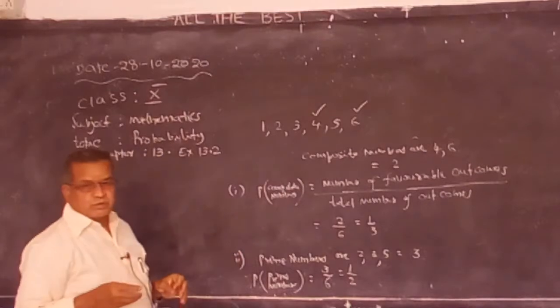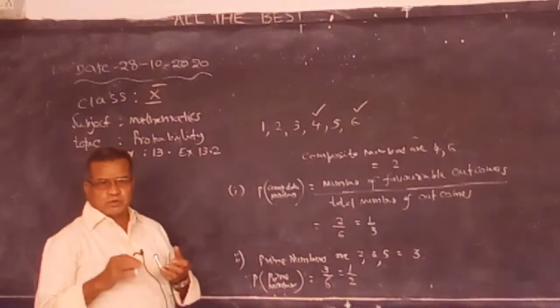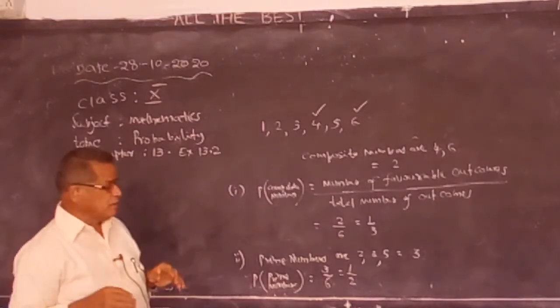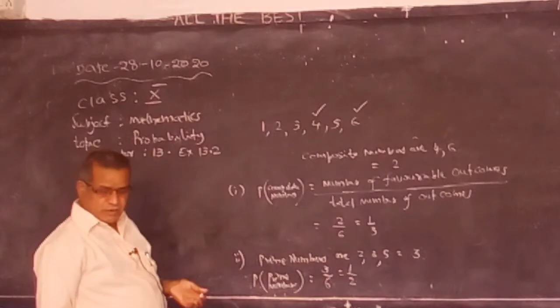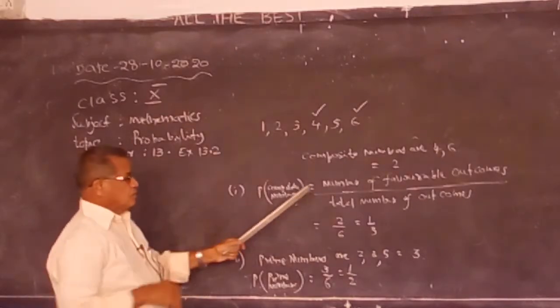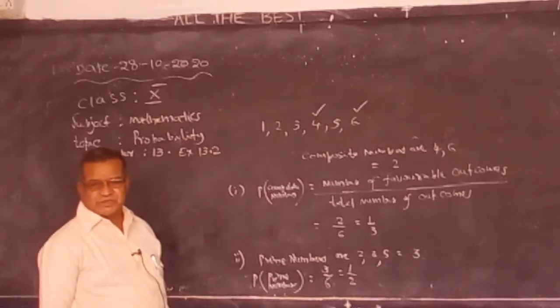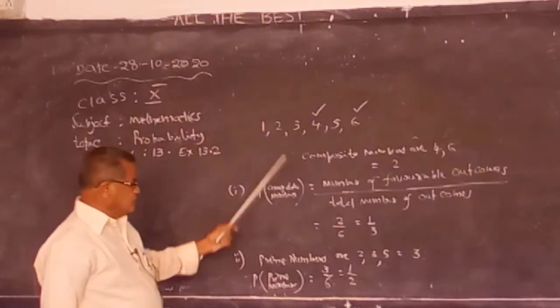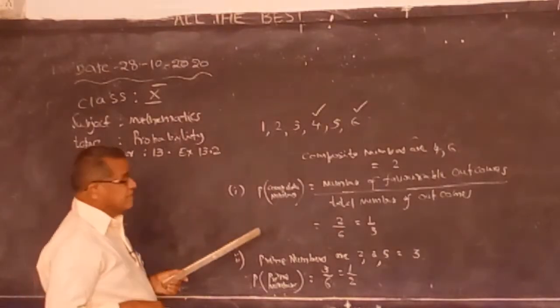So this is the way of finding probability. Easy. No a plus b whole square, no a minus b whole square, no other formulas. Simply you use the number of favorable outcomes by total number of outcomes. What is the event here?